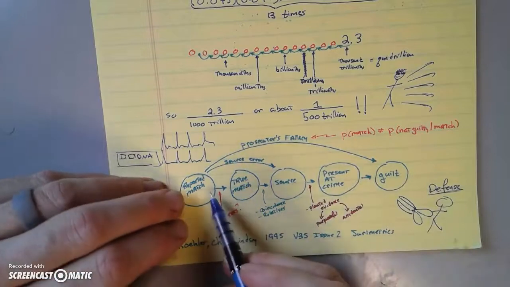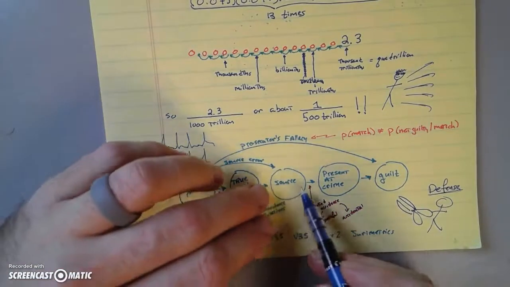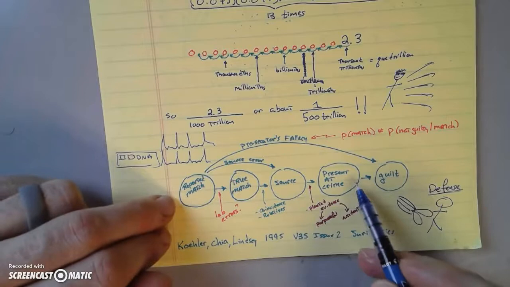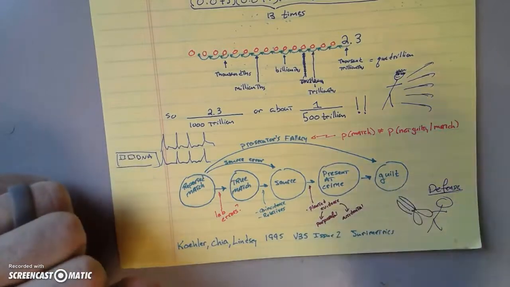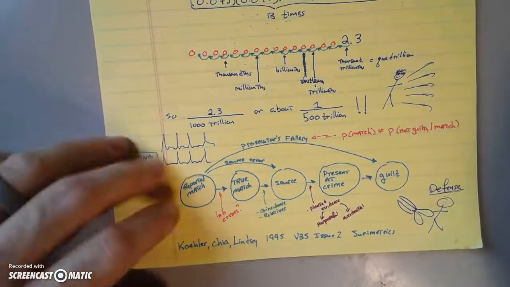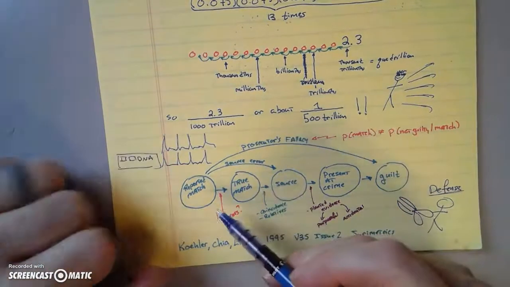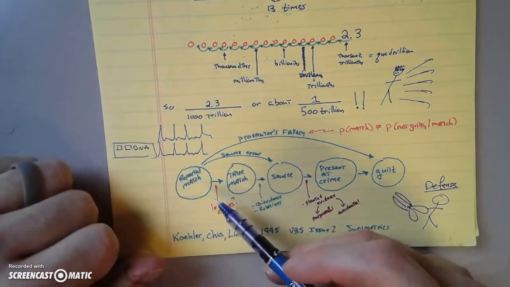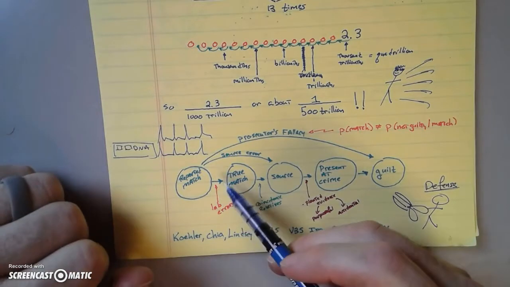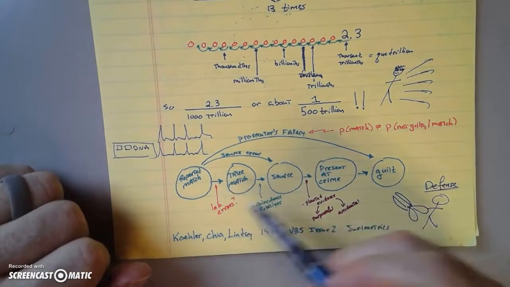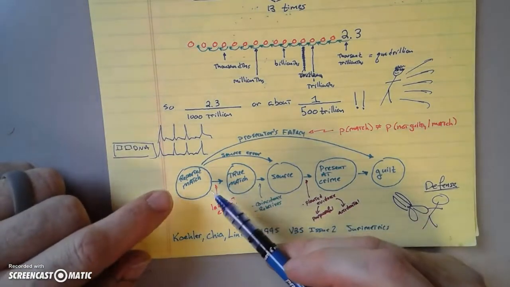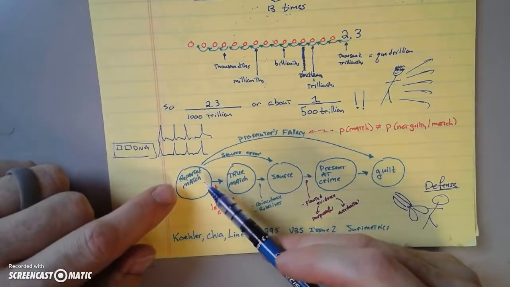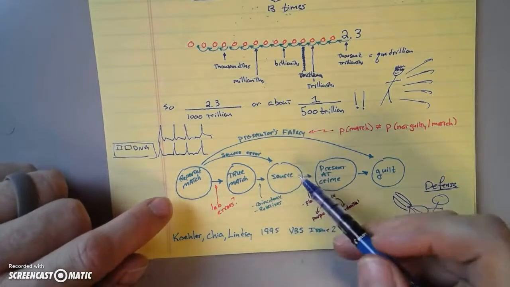The prosecution wants to go from here to here to here to here, and at least use this evidence to imply guilt. Right. You saw today in class, in fact, I gave you an example. And in each section, somebody correctly pointed out that you have to be careful of the verbiage, not to confuse this match probability with source probability.